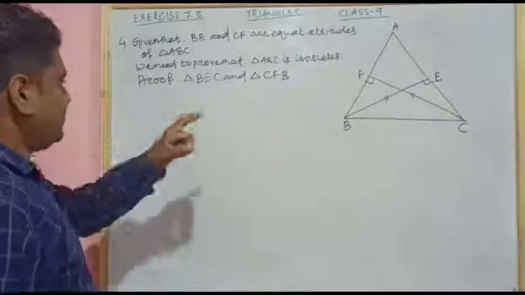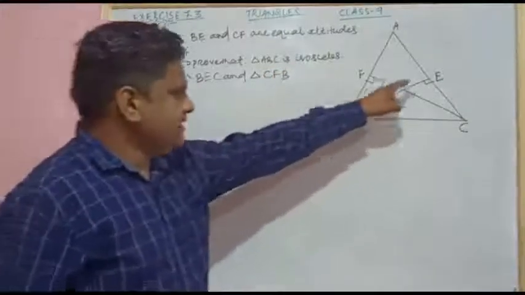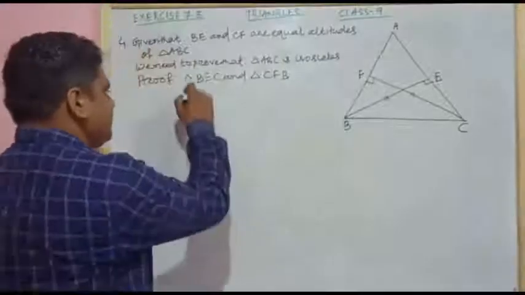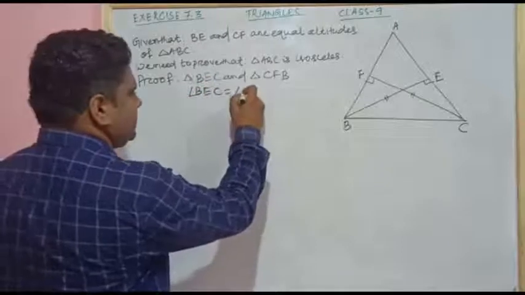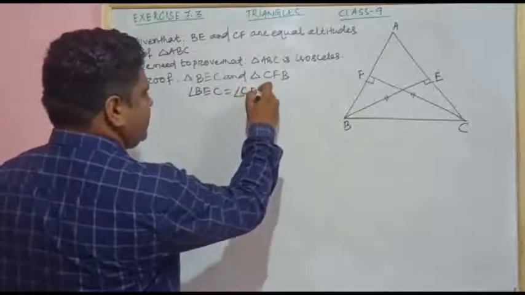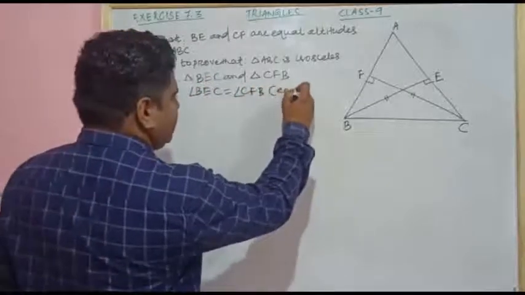What are equal? First one is right angle in triangle BEC, that is angle BEC. Angle BEC is equal to angle CFB, each 90 degree.